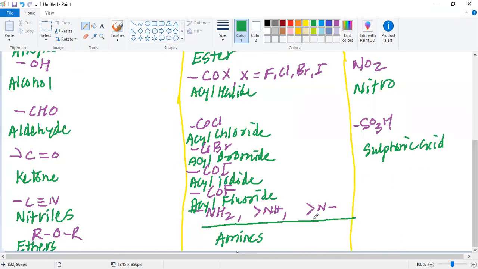Please remember, we may have NH2, which is known as primary amine. This is secondary amine, and this is tertiary amine. So this is how, my dear students, we understand.